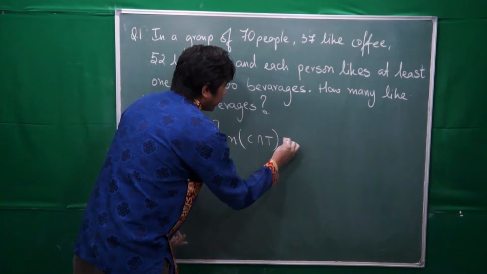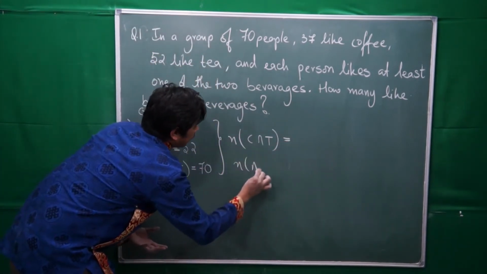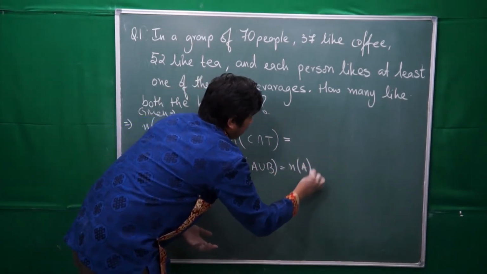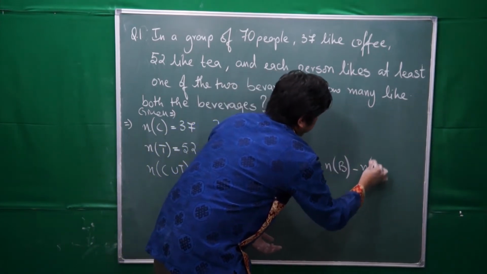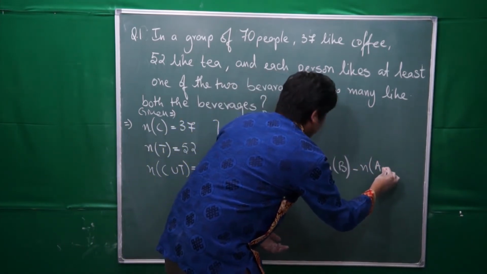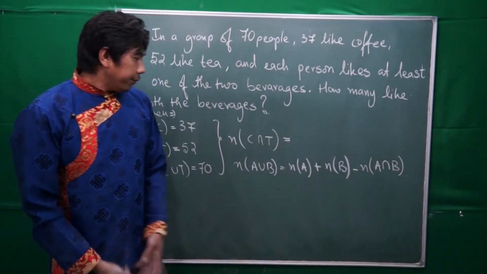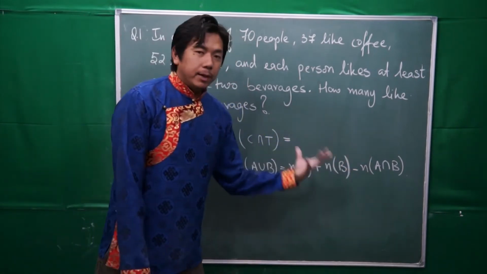From the relation it was clear that the number of A union B equals the number of A plus the number of B minus the number of A intersection B. So if you transpose intersection to this side and union to that side, what is happening?